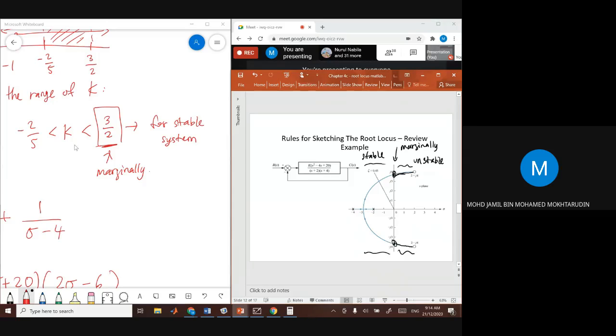So if you look at the range, then you can say that for k bigger than 3/2, the system is unstable. And for k less than 3/2 until -2/5, system is stable.